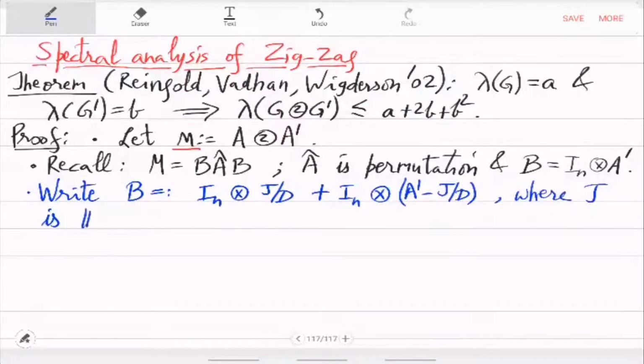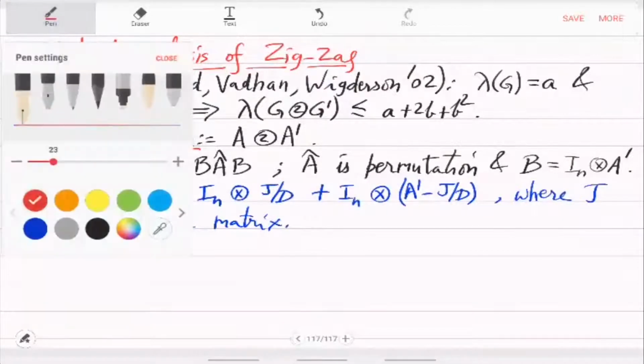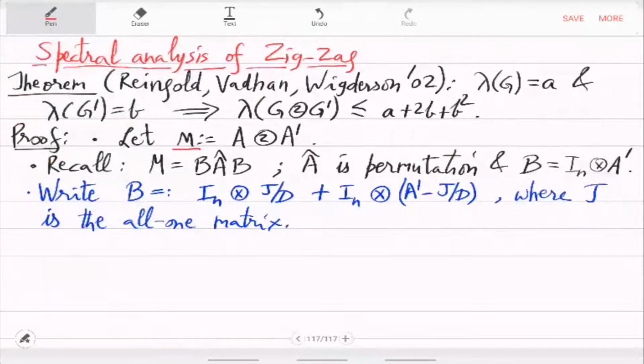And this A prime minus J by D we will call E. Why did we do this? We are doing this so that we separate B into two kinds of matrices. The first matrix is expected to have a larger spectral norm, and the second one smaller.